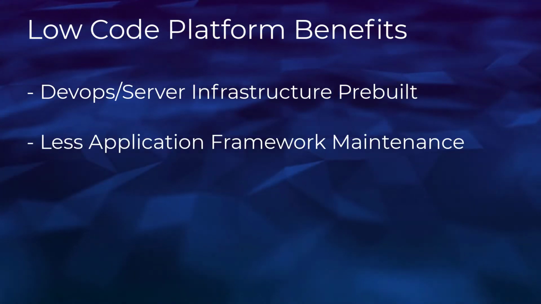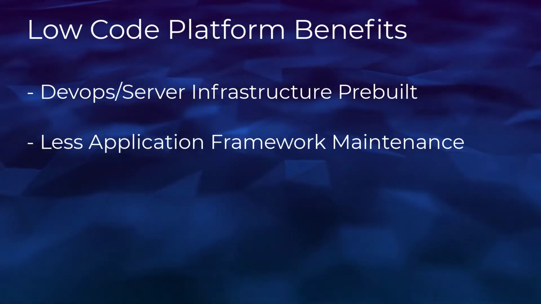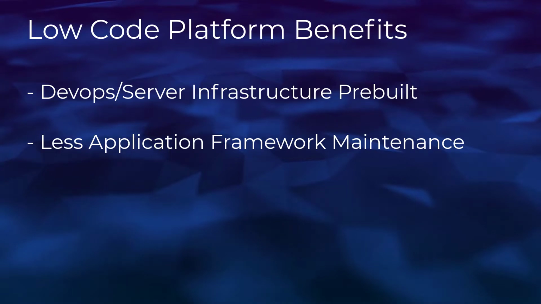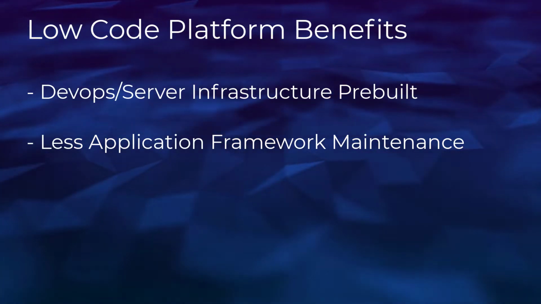The application infrastructure itself is handled for you. So you don't have to worry so much about updating all the dependencies and packages like you do in JavaScript, or in Rails, all of the gems and upgrading from Rails 6 to Rails 7. All of that stuff is handled for you.